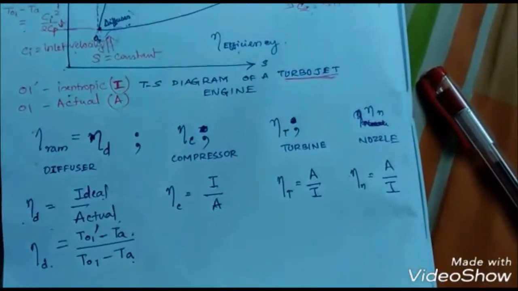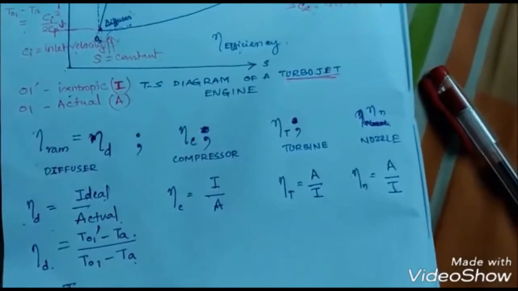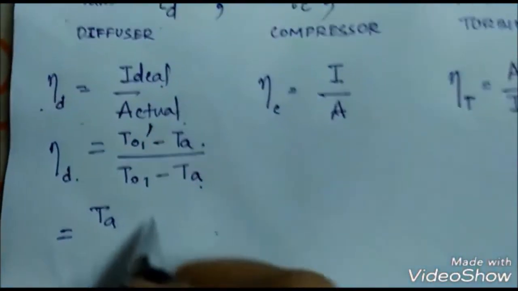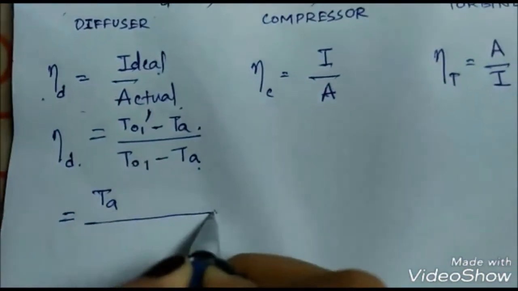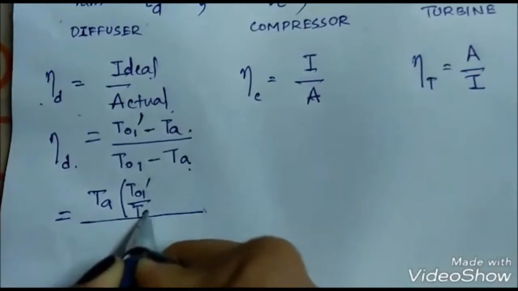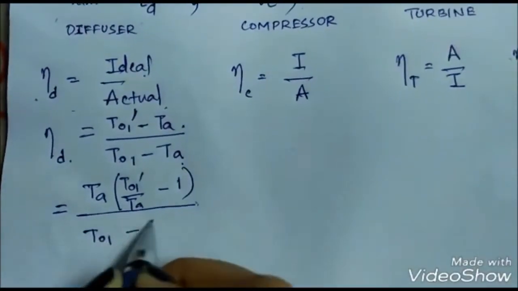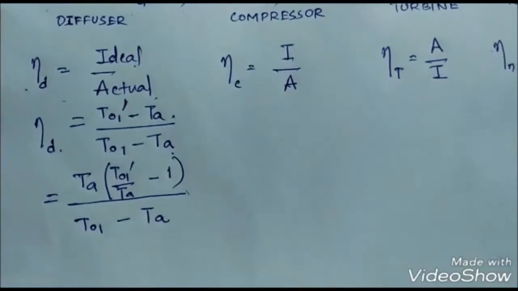Now let me take TA common outside. What we will get is T01 dash by TA minus 1 in the numerator, and T01 minus TA in the denominator.